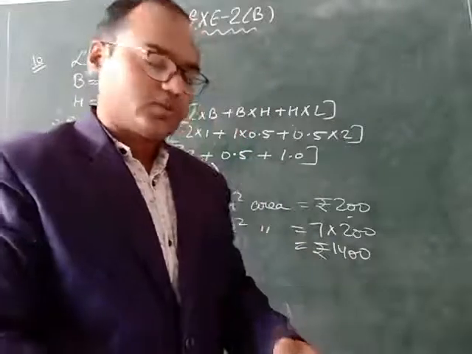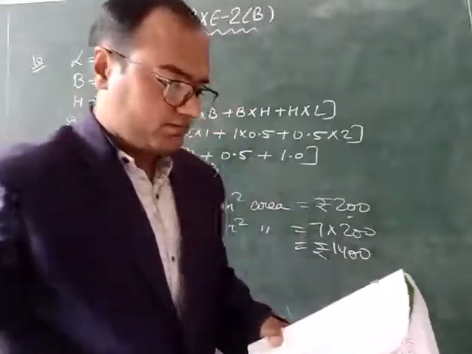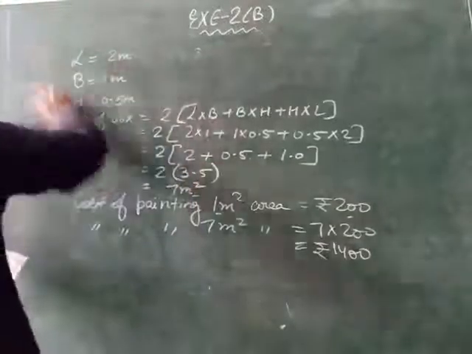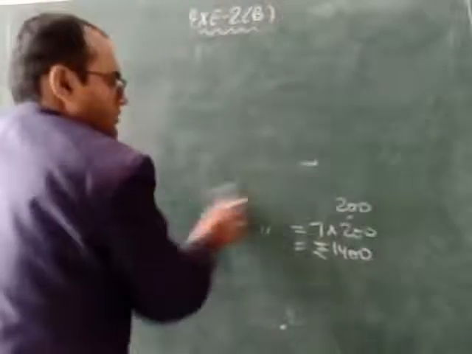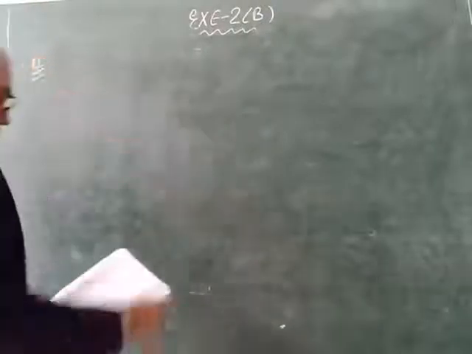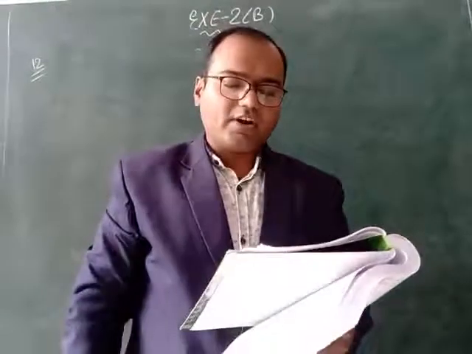Now see another question. Question number 12. A swimming pool is 25 meter long.